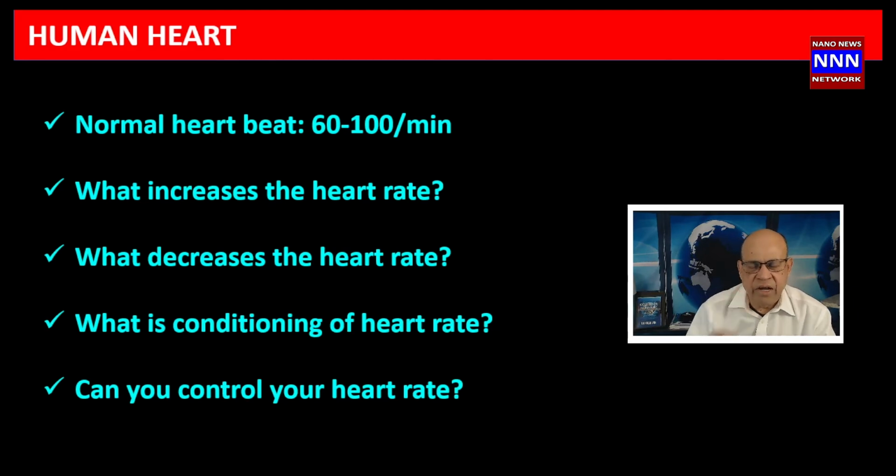That's exactly what happens in athletes like marathon runners or basketball players. Their heart rates are in the 50s or 60s normally, and even when they are playing vigorous sports, their heart rate may not go more than 80 or 90 heartbeats.